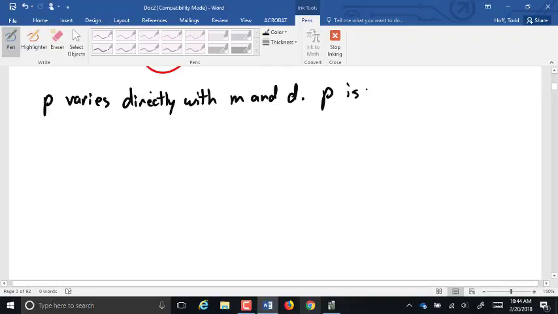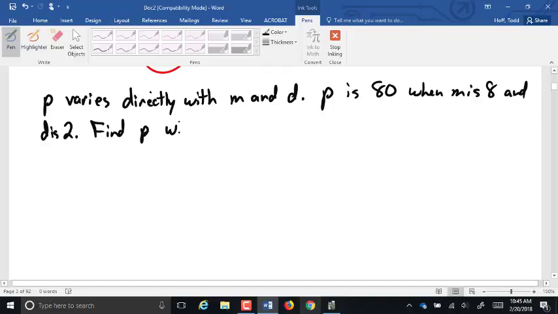P is 80 when m is 8 and d is 2. Find P when m is 5 and d is 6.